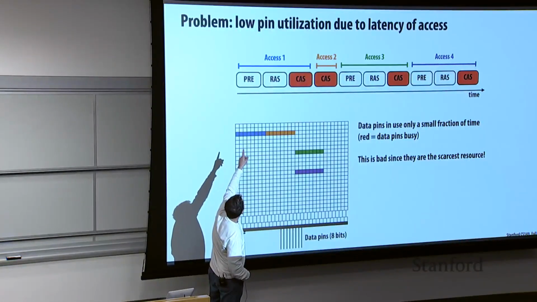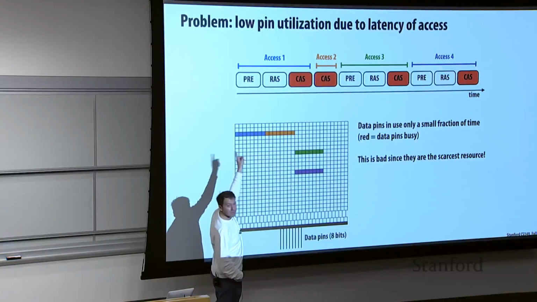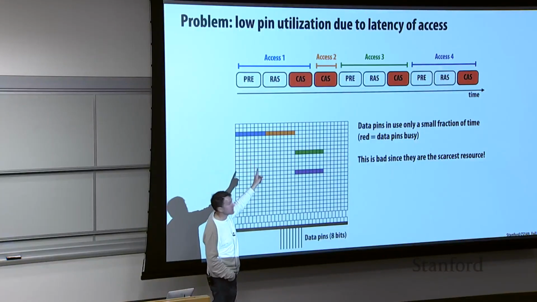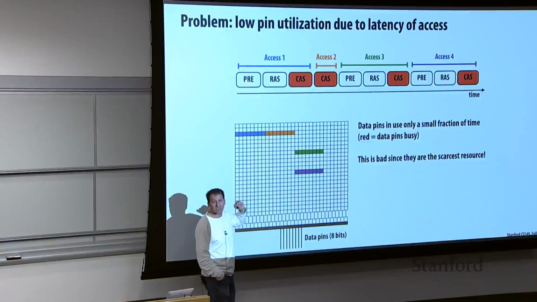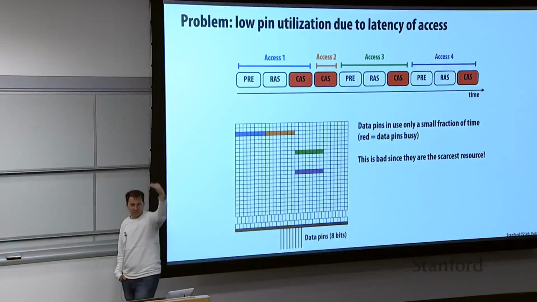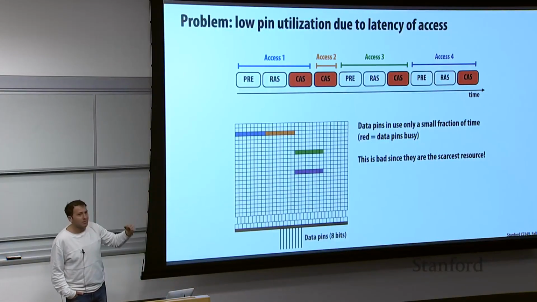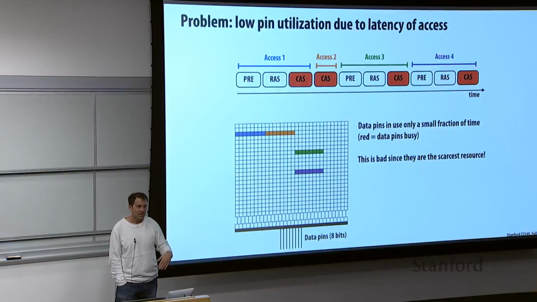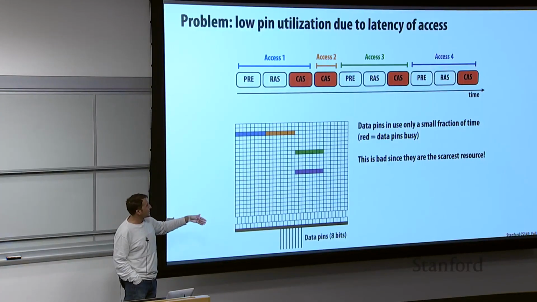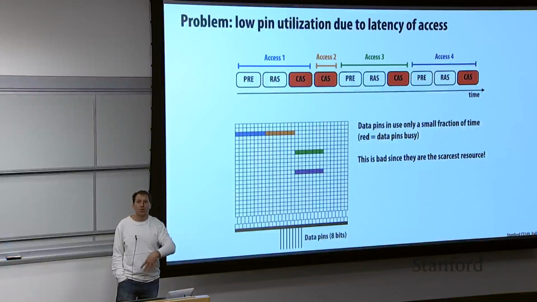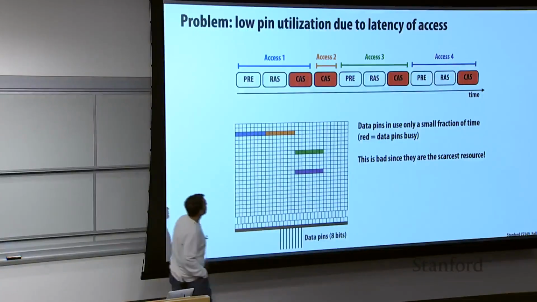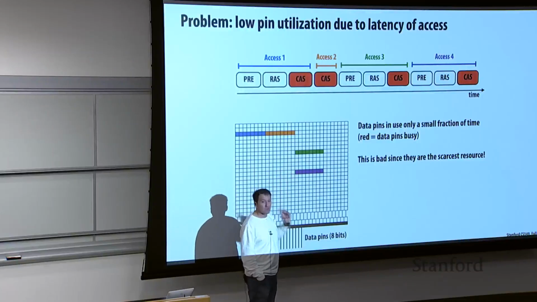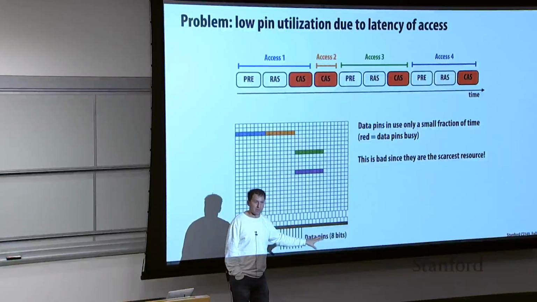My operations are precharge, ready the bit lines; row access strobe, RAS, which is select your row and bring the data to the row buffer; and the column access strobe, the CAS, which reads the appropriate columns out of the row buffer.